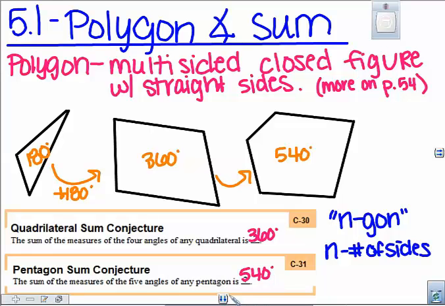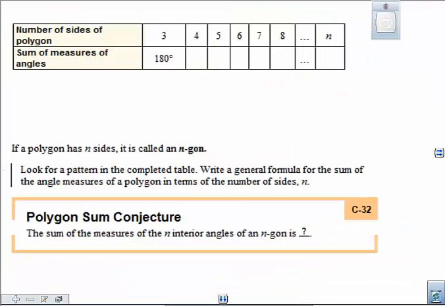Now we're going to carry this pattern over to fill out this chart. Go ahead and put in 360 and 540, and if we continue to add 180, that's going to give us 720. Then if we add another 180, that's going to give us 900, and if we add another 180, that's going to give us 1080.